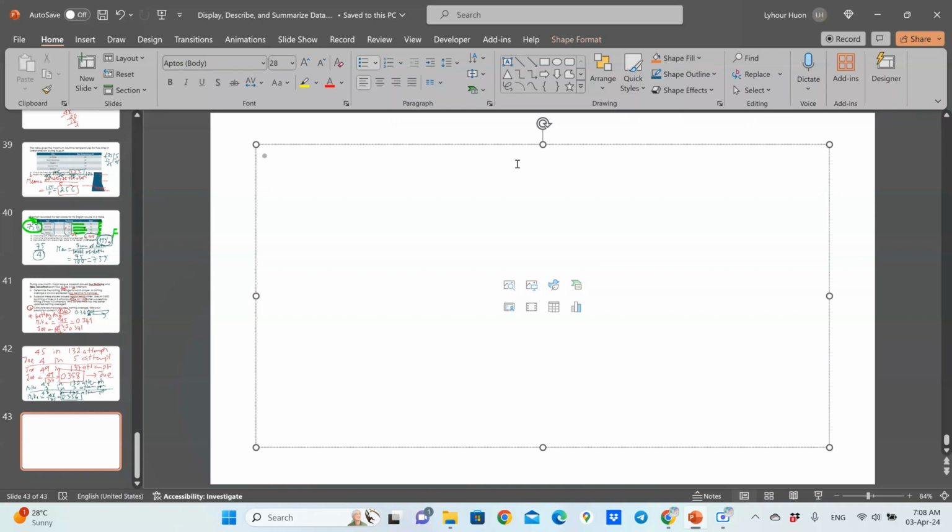Okay, so let's view the following diagram. Here is a scenario of riding the roller coaster.